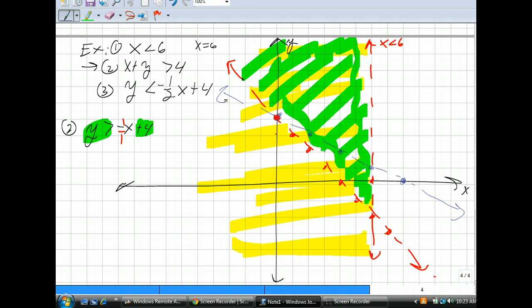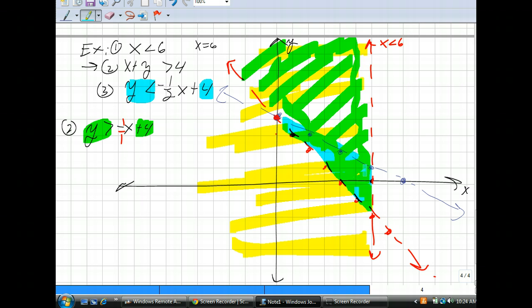And I want all the y's less than this 4. So if I go up this way, those y's are bigger than 4. If I go down this way, those y's are less than 4. So that's what I want. But then I look at where I already have shading. So it's going to be this triangular area right here.